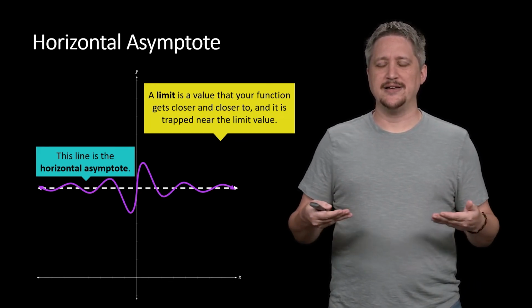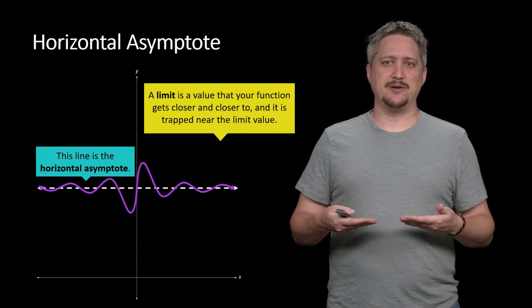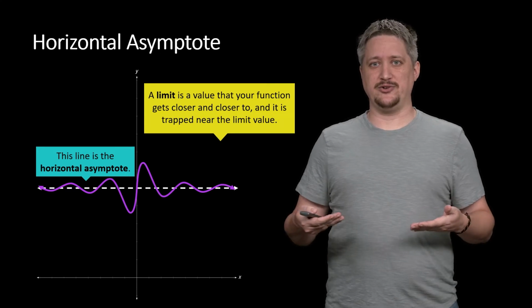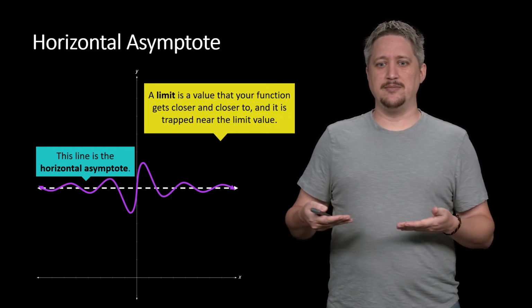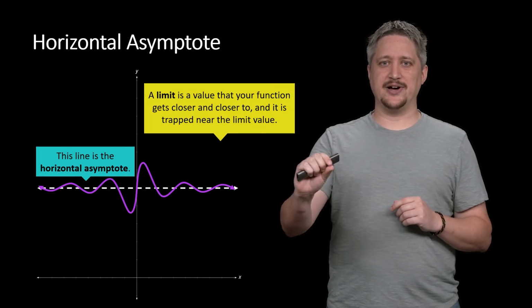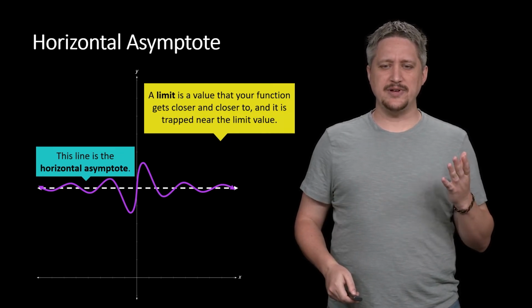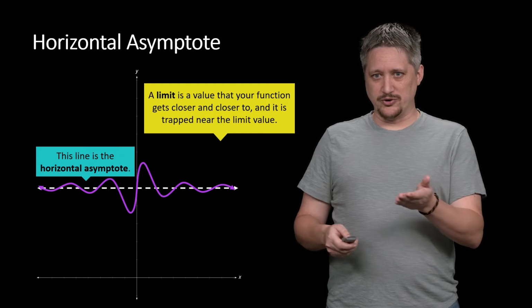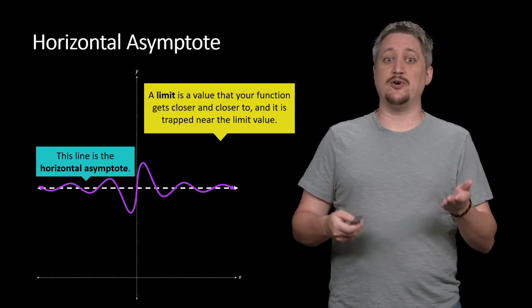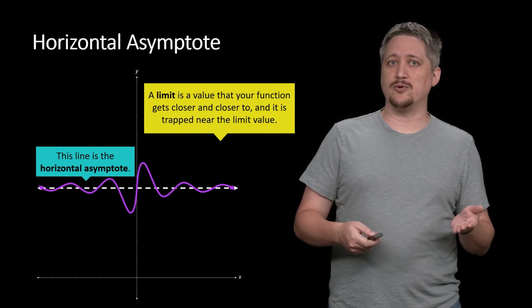So that's essentially what we're talking about here. We have this line, and the claim is that horizontal asymptotes represent what the function is trying to turn into, meaning that the function is trying to become exactly this line, trying to get pushed down to be as close to this line as possible, which means we're doing exactly the same thing here. The limit, the value the function gets closer and closer to, plays the same role as the horizontal asymptote.